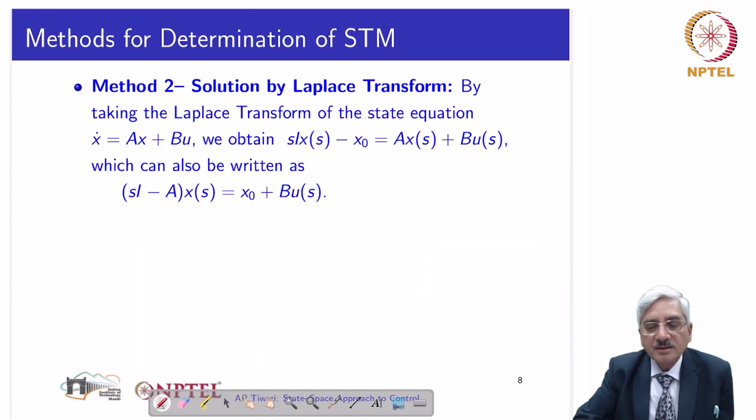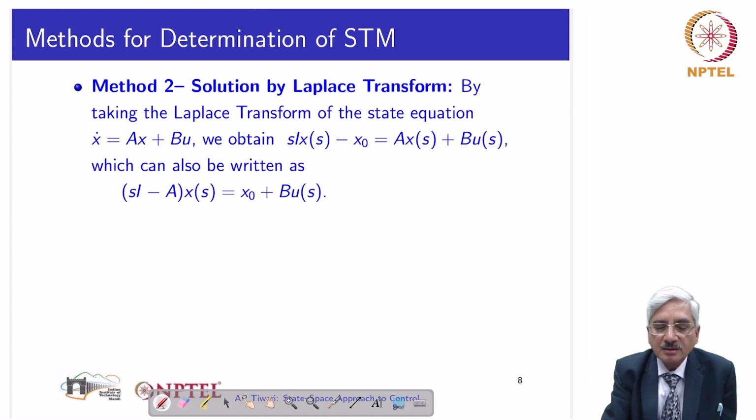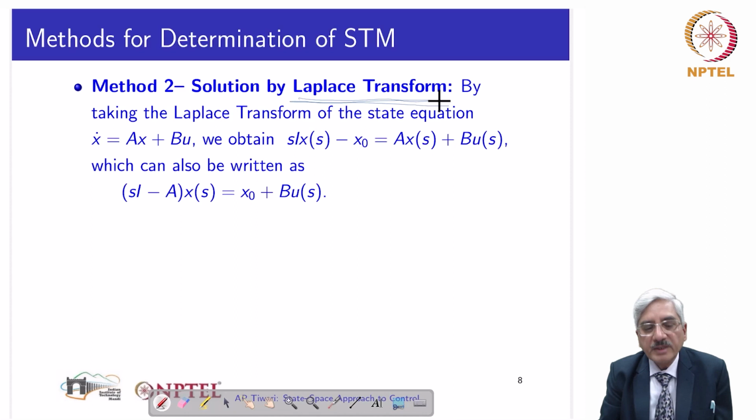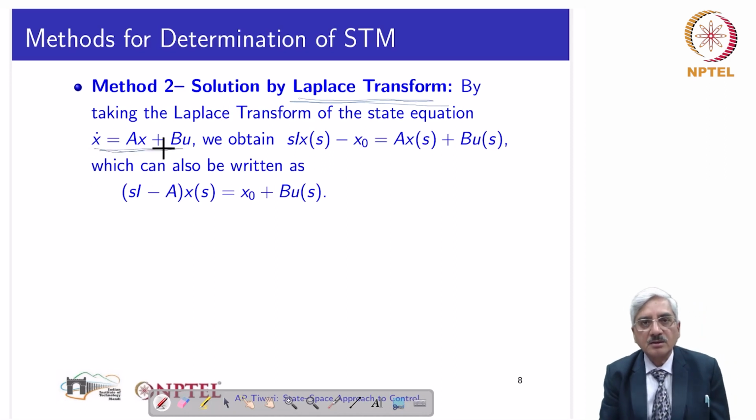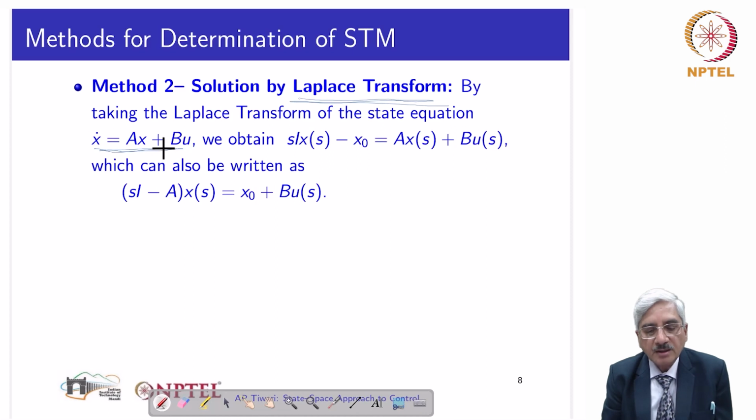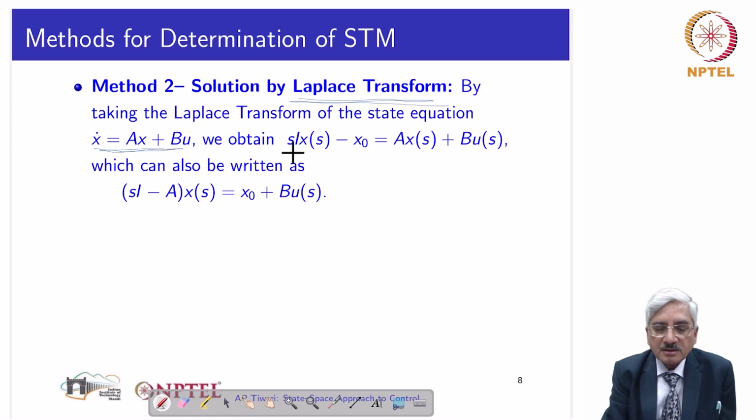We see another method which is based on the Laplace transformation. So if we take the Laplace transform of the given state equation x dot equal to Ax plus Bu, all its terms, x dot gives this sI times X(s), thus Laplace transform of x, minus the initial state x0, which is equal to A times X(s).